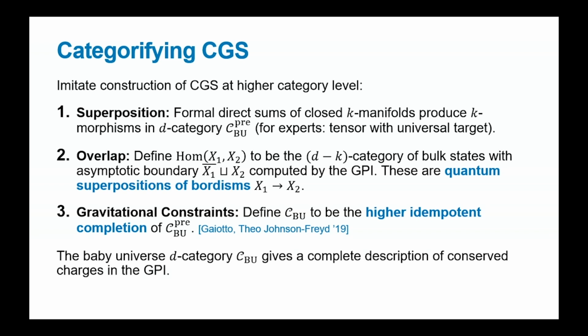Before, what we did is we took some form of Cauchy completion. For those who aren't familiar, I'm not sure I'm going to be able to explain this very well, but the appropriate notion of Cauchy completion in this context is what's known as the higher idempotent completion. This is a construction of Gaiotto and Johnson-Freyd.